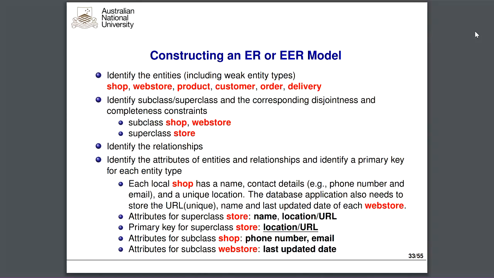Similarly, for the superclass store, either the location or a link can be the information to identify the store. The subclasses are not necessarily given a primary key, but you have a kind of weak key, or some information to identify the difference within that subclass. Within a physical shop, you have a shop number. Within the web store, you have a unique link.